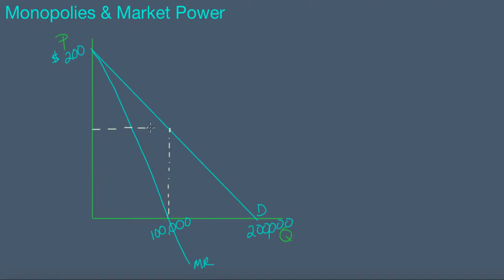And let's say we know that they're going to price above this point. Okay, but where do they choose to price? Now I'm just going to leave this little arrow right here and price above the midpoint.